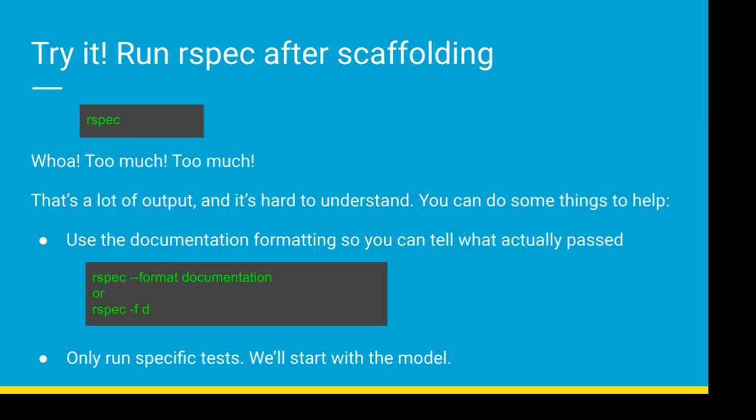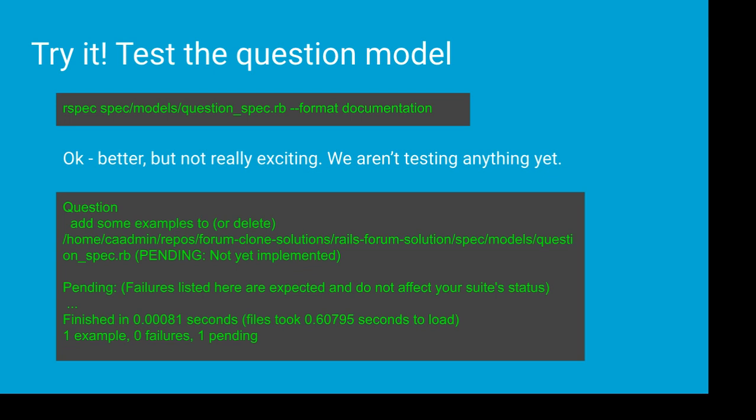It's hard to understand it if you start to look through it. There's a lot there. So we can do some things. And I think actually, RSpec -fd might actually do that by default. When I created this 6 months ago, I don't think it did, but it might. So I'll have a look at that in a minute, but first let's try to just run some specific tests so we don't see everything.